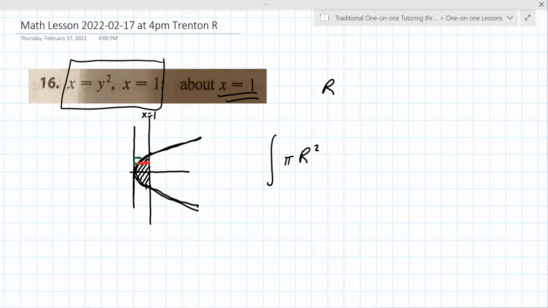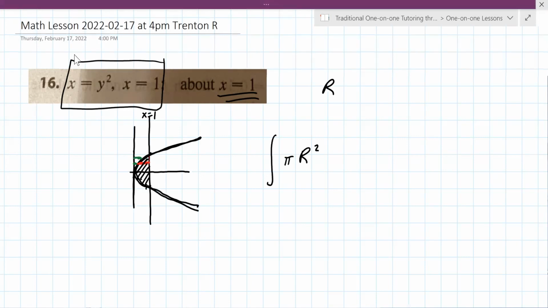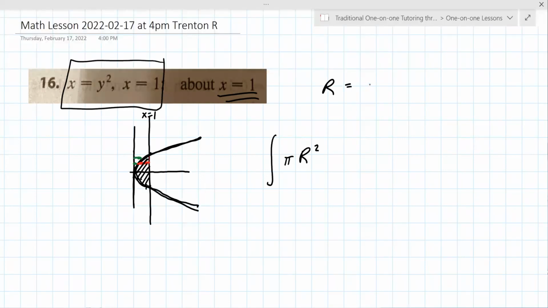Maybe that's not really easy to see, but it gives you that green part, and we really want the red. And so R is kind of the hardest thing to figure out here. R in this case is 1 minus y squared. Right. Because y squared gives you the green part, but we don't want that. We want 1 minus it.